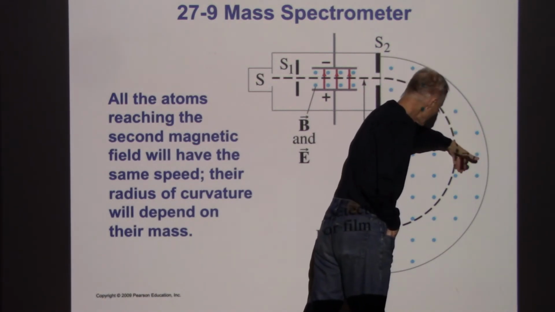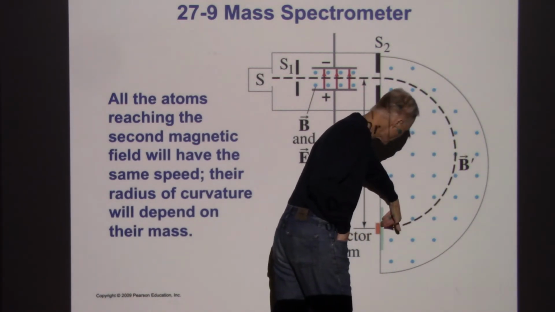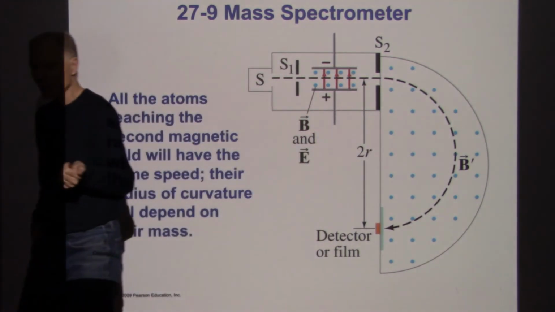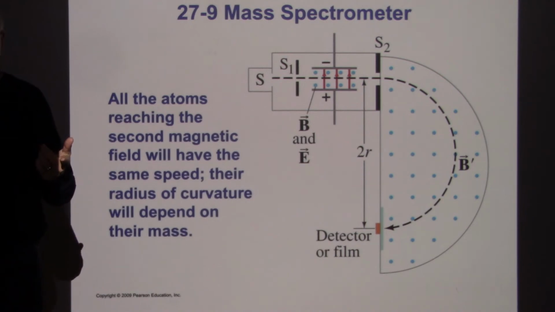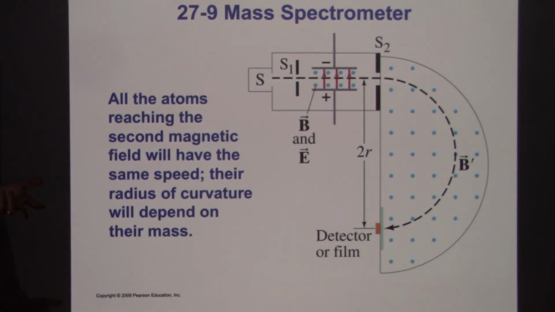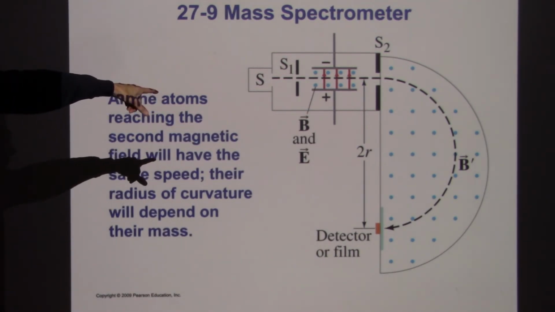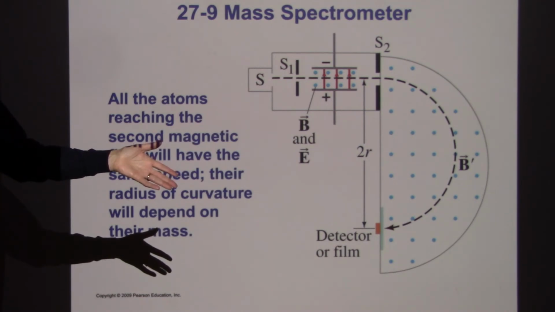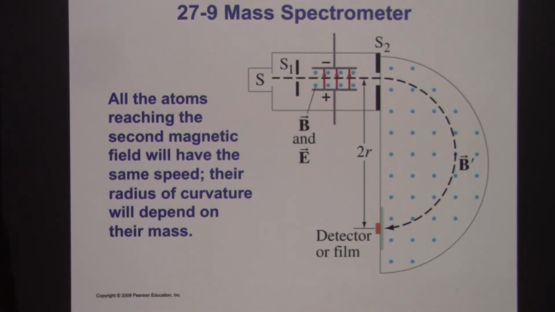Now, in the magnetic field, those charged particles will curve, and depending on what the mass is, and depending on what their velocity is, and depending on the strength of the magnetic field, the radius of that trajectory will differ. If there's more mass and more velocity, it will be a larger radius. If it's a larger charge or larger magnetic field, the radius gets smaller.